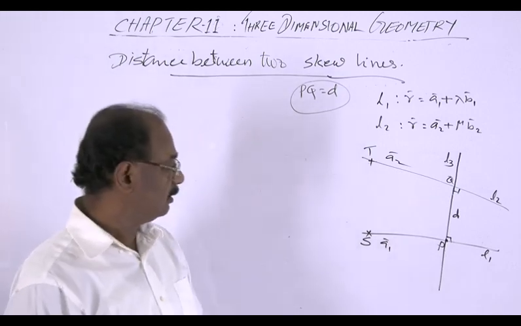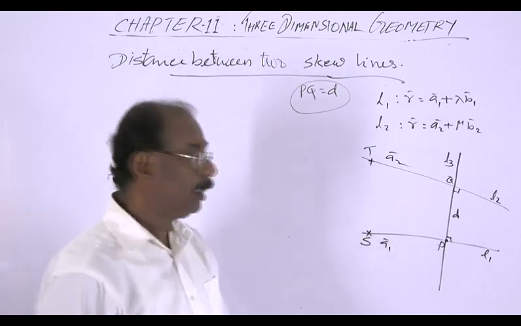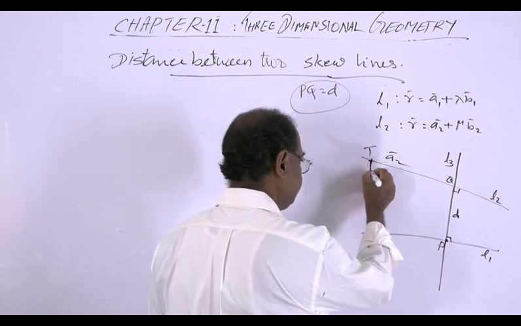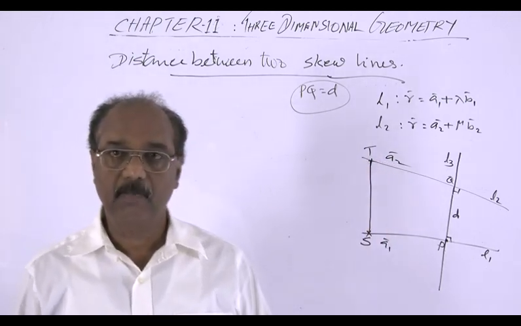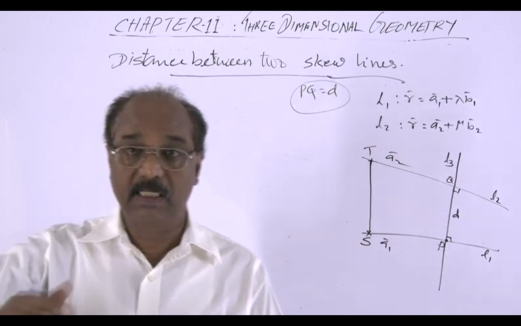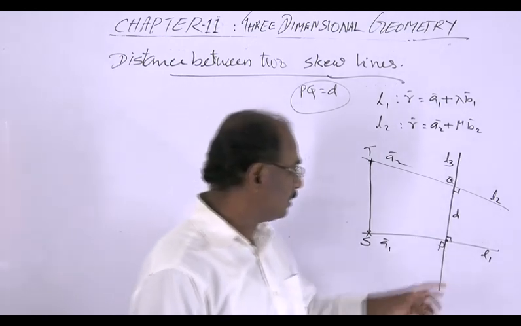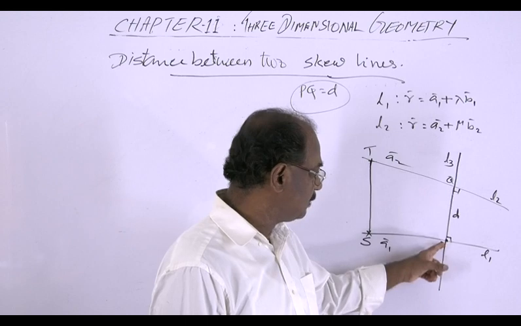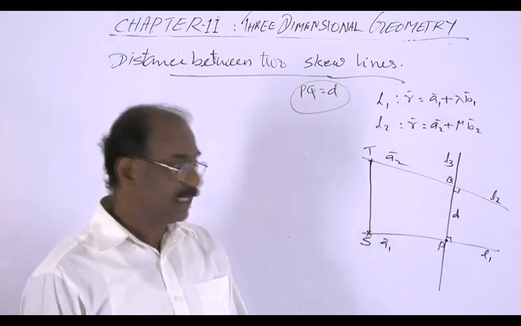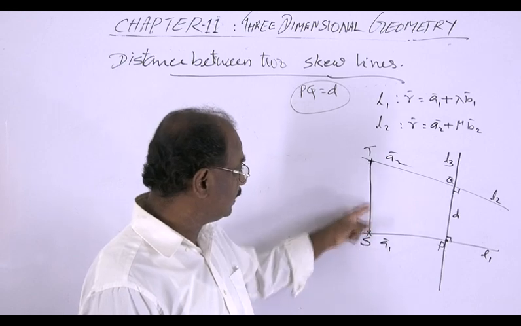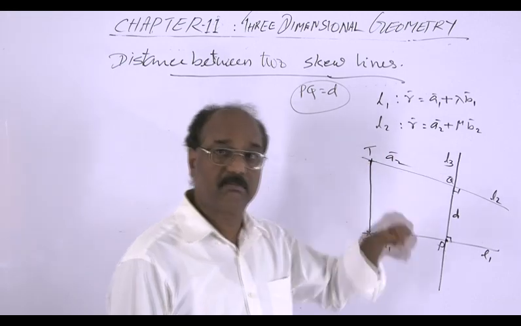So we have this S and T. Join S and T. Then we can see that this distance d, that is PQ, is the projection of the line segment ST on the line L3.